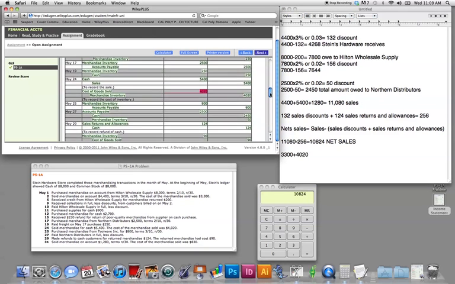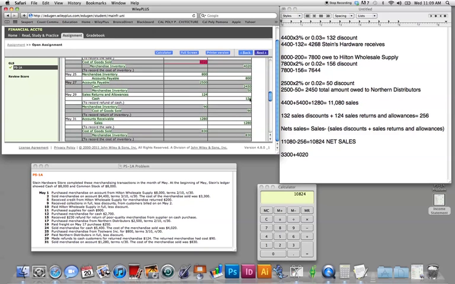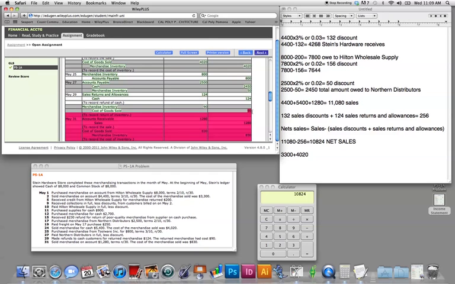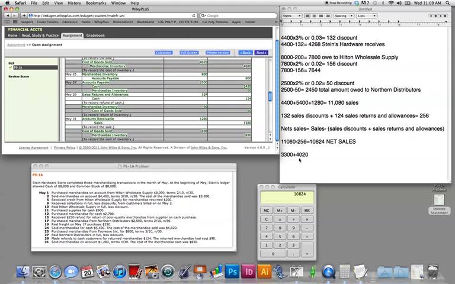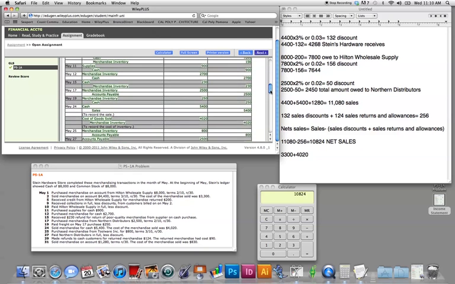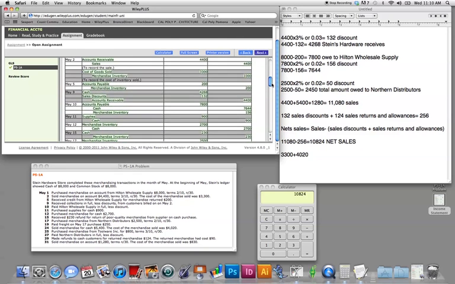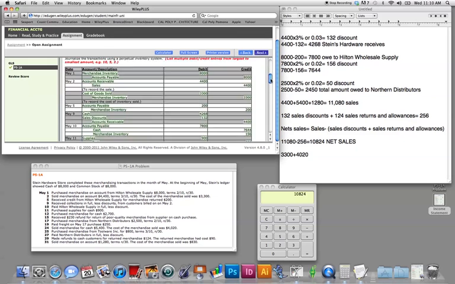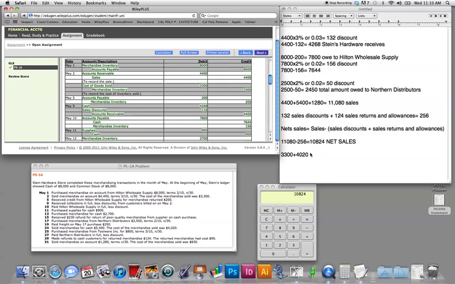And just make sure that there's no more. Let's see here. And we have this one on May 29th. We had $90. But that one was credited. So what you have to be careful with for this problem is making sure which side is debited and which side is credited.